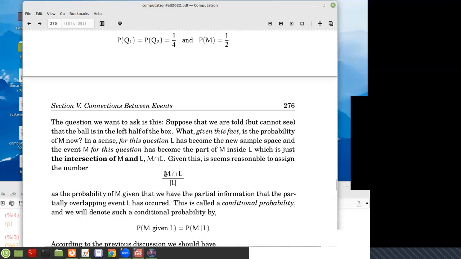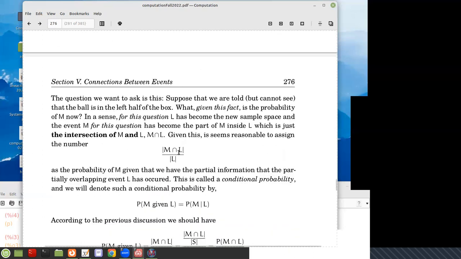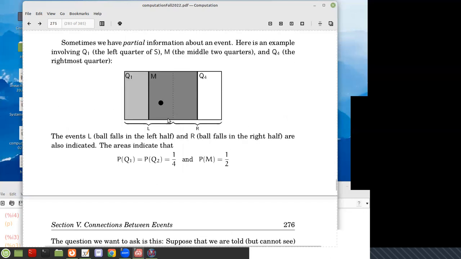Actually, I said it backwards: say we know it's in the left and we want the probability it's in the middle.